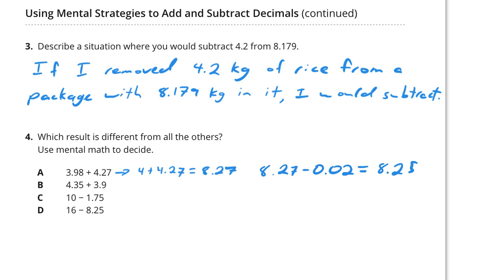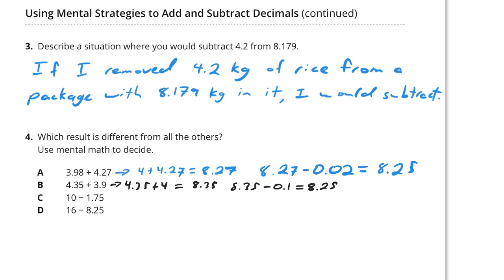Okay, I'll do this in a different color just so that we don't get them mixed up. Here we have, I'm going to change this to 4.35 plus 4, because 3.9 is pretty close. So now we have 8.35. Now I'm going to take 8.35 and subtract the 0.1 and we get 8.25. Oh look, it's the same answer as the first one.